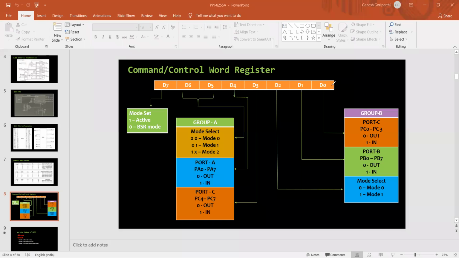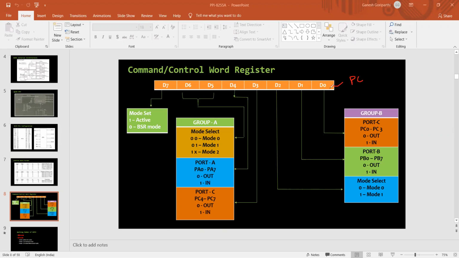In group B you have the lower nibble, the lower 4 bits of port C, and whether it acts as an input port or output port is controlled by bit D0.